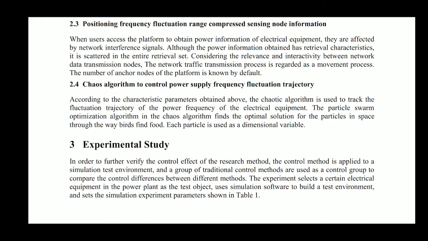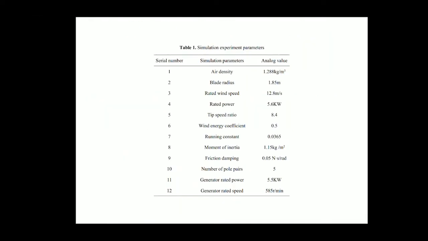The experiment selected a certain electrical equipment in the power plant as a test object, uses simulation software to build a testing environment, and sets the simulation experiment parameters shown in Table 1.